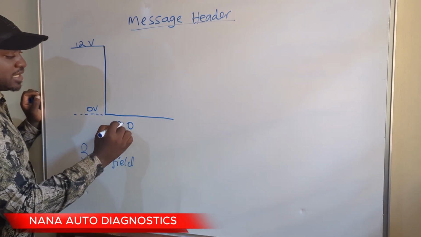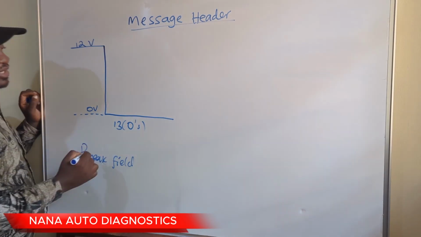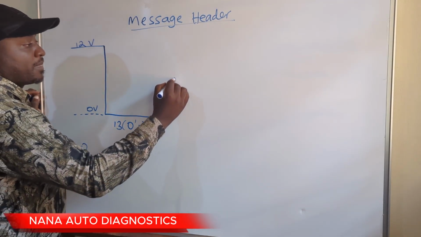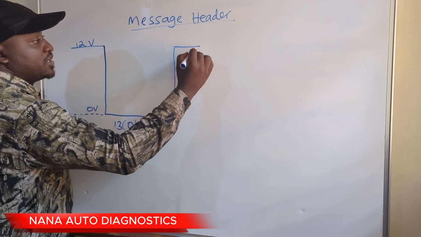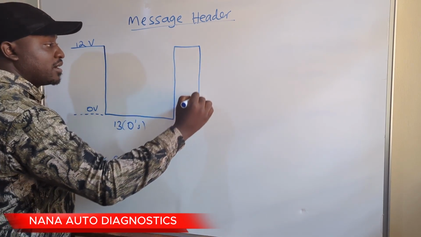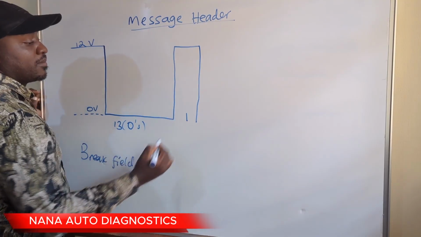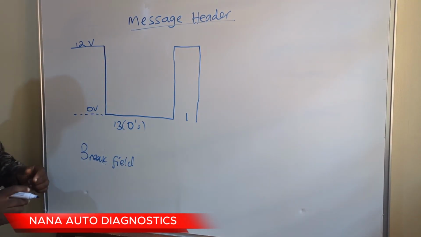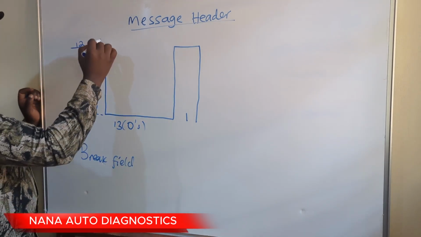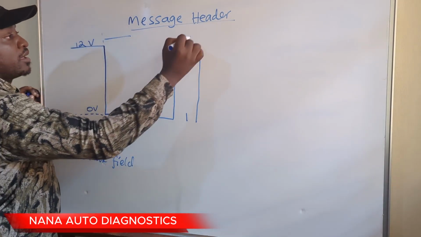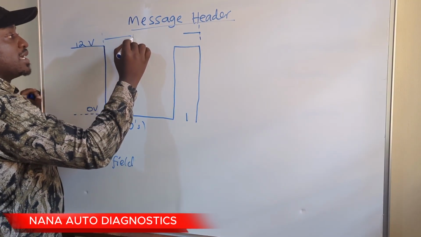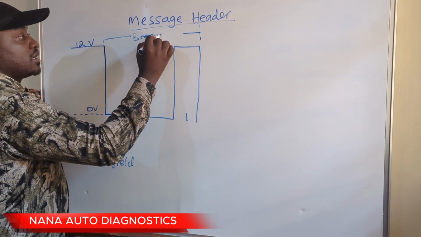So we have 13 zeros, and this will be followed by a delimiter, which is of 1 bit, and it's always a logic 1. So this, from here to there, this is what we know as the break field.